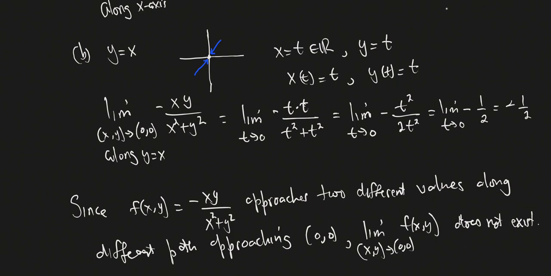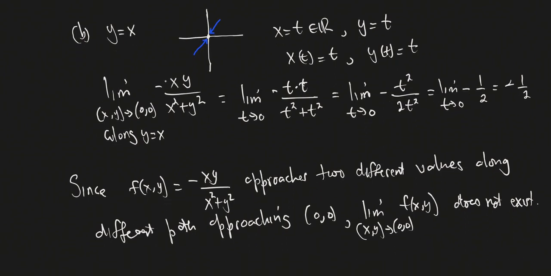And if you can show that two different paths produce two different values, then you'd say that the limit doesn't exist. Now, let's say we did A and B and they were both the same, we can't say that the limit exists because we've only checked two paths. In theory, we would have to check infinitely many paths.